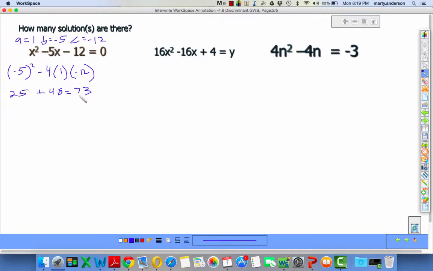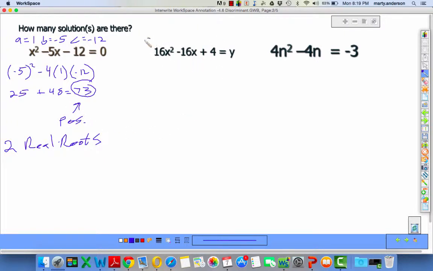I got a positive solution. If it's positive, then I get two real roots, or two real solutions. It crosses the axis at two spots. Now notice, I didn't solve it. They didn't ask me to. We'll solve that one in a second. But let's keep this in mind for a little bit.